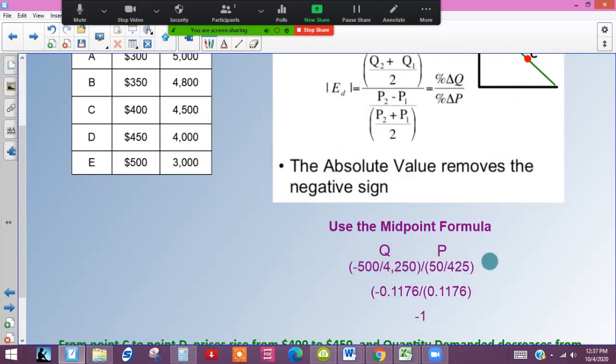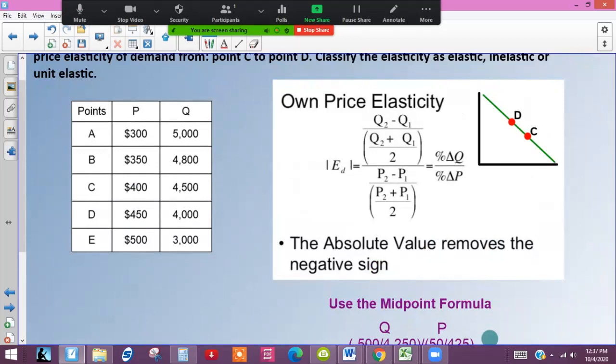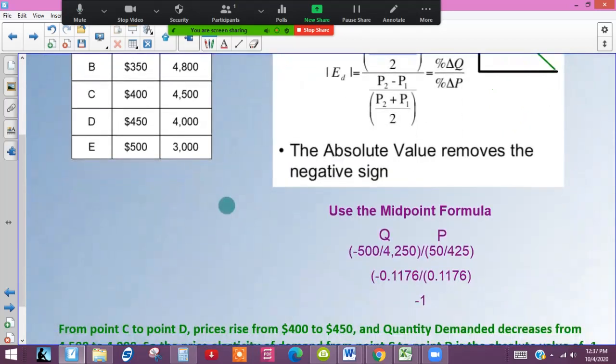Then for price, we take P2 minus P1, which is 450 minus 400, which gives us a positive 50, divided by the average of the two, which is 425.